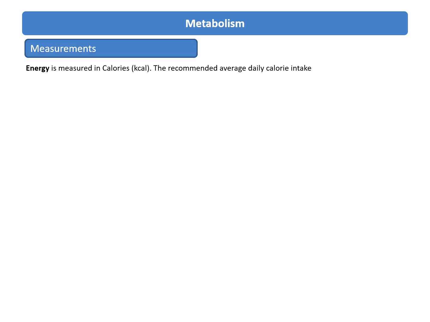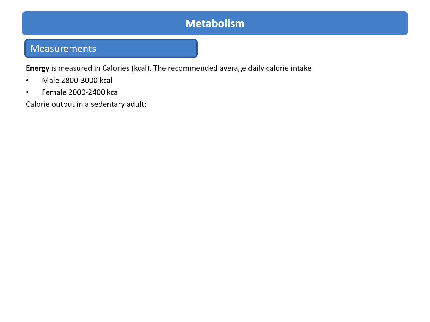Energy is measured in calories with a small c, or kilocalories with a large C. Recommended average daily calorie intake in males is roughly between 2,800 and 3,000 kilocalories, females roughly 2,000 to 2,400 kilocalories.